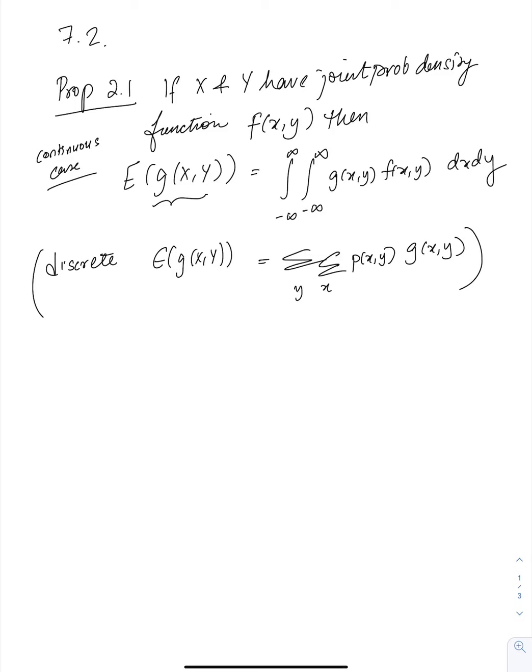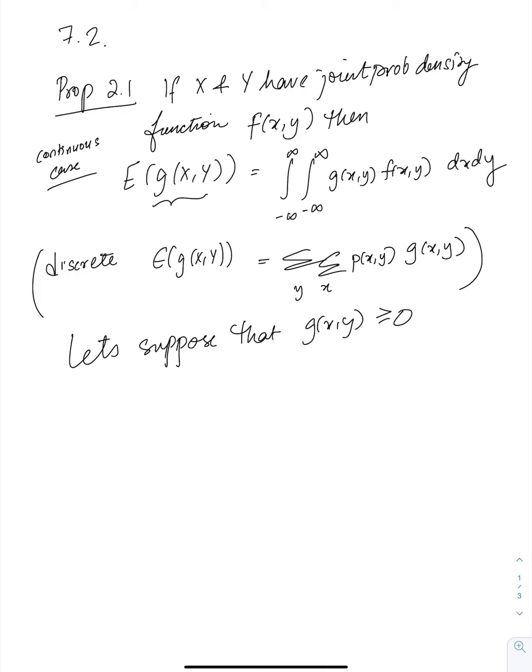Okay, so where does this come from? Well, there was a little lemma that we had in chapter 5. What did that lemma say? If you have a random variable that is non-negative. Okay, so let's suppose the function g of x,y is non-negative.